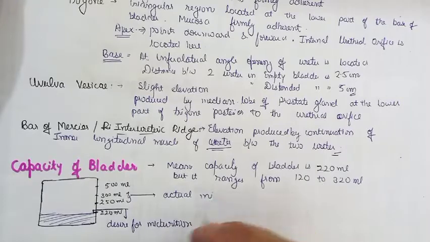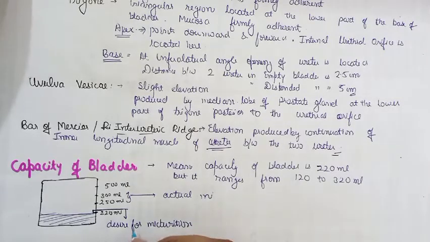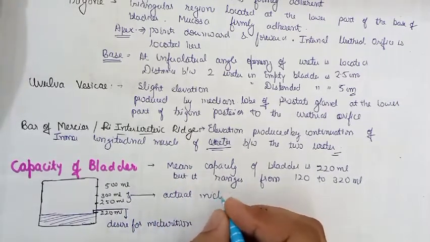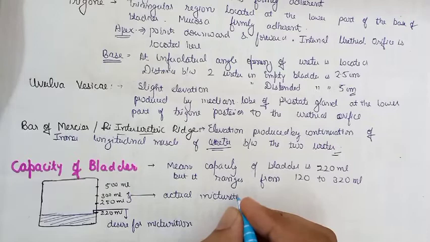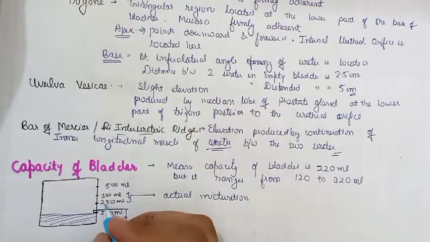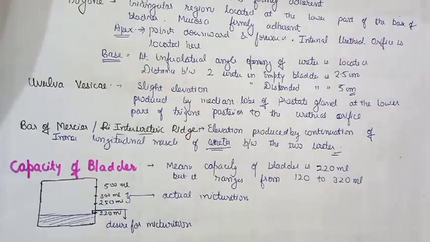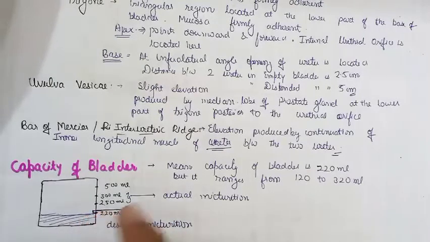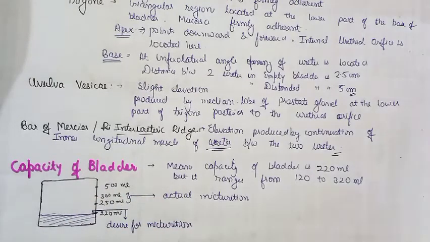The initiation reflex starts at or above 220 ml, which is the mean capacity of the bladder. Actual micturition takes place between 250 to 300 ml, but the desire starts above 220 ml.